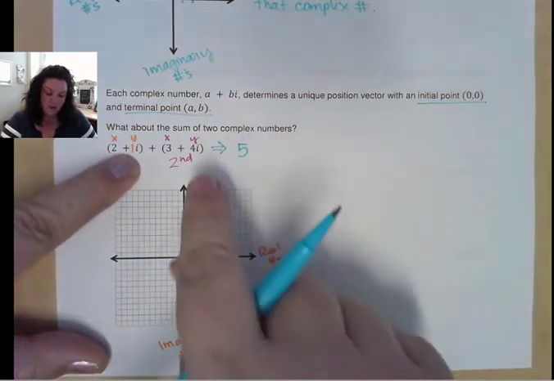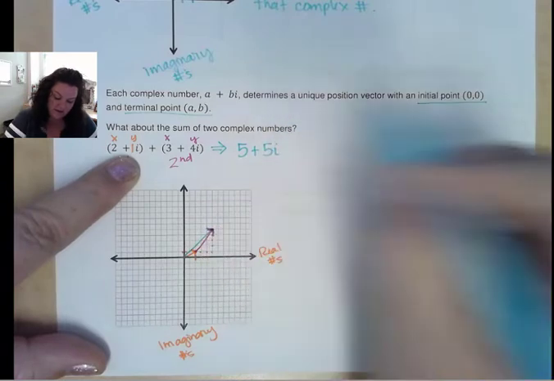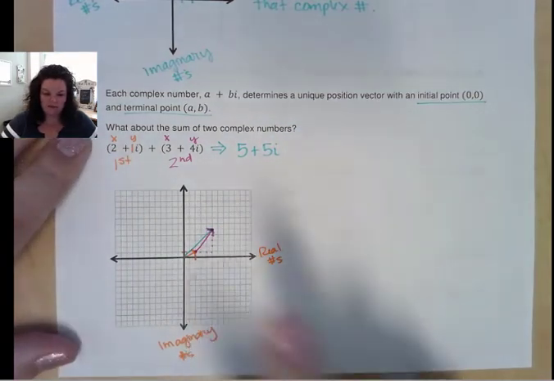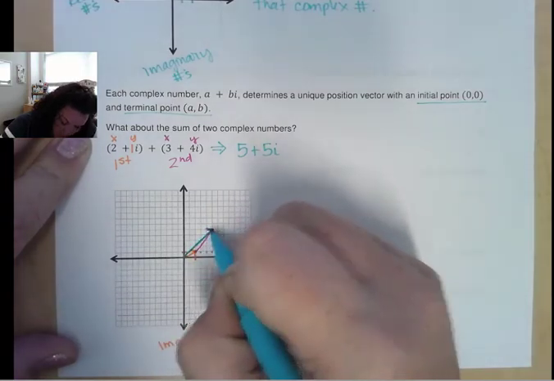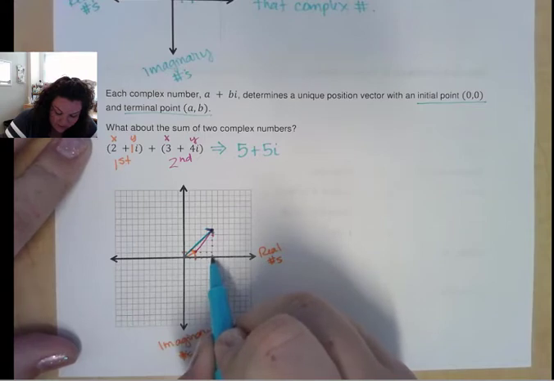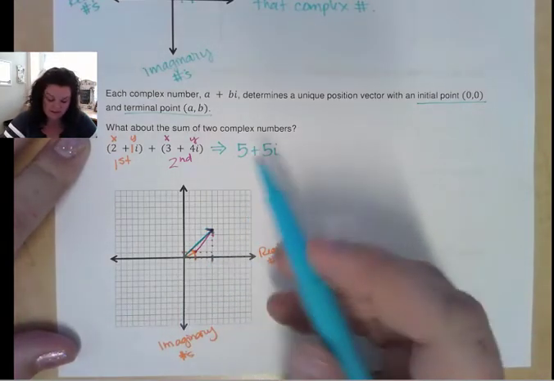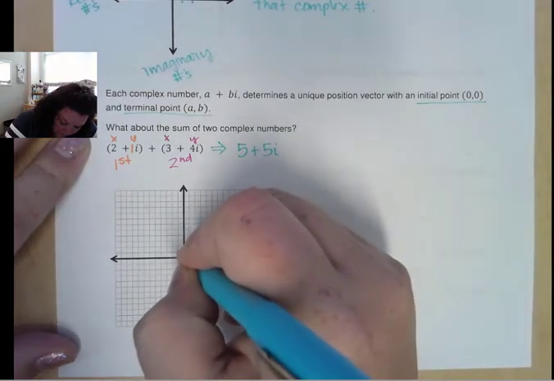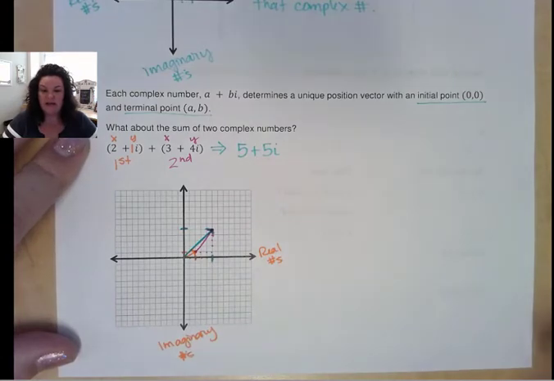If I add 1i and 4i, that gives me 5i. So I can check to make sure I ended up at the right place. This blue vector that I'm considering to be my answer is at 1, 2, 3, 4, 5 on the real number axis, which is the real number we got. And its y value, 1, 2, 3, 4, is up here at 5 on my imaginary axis.